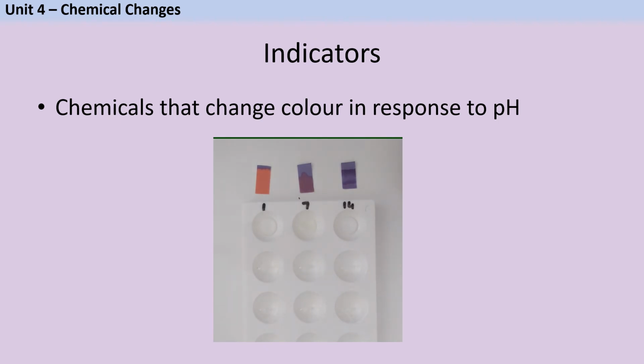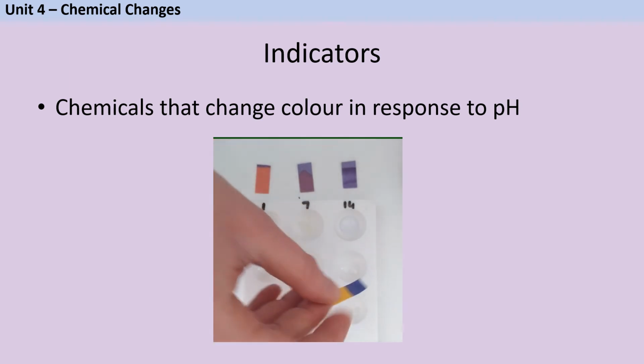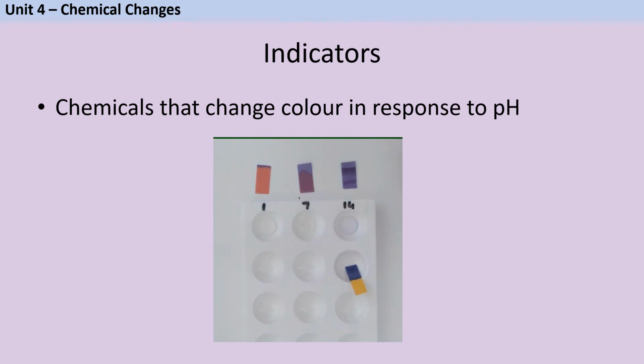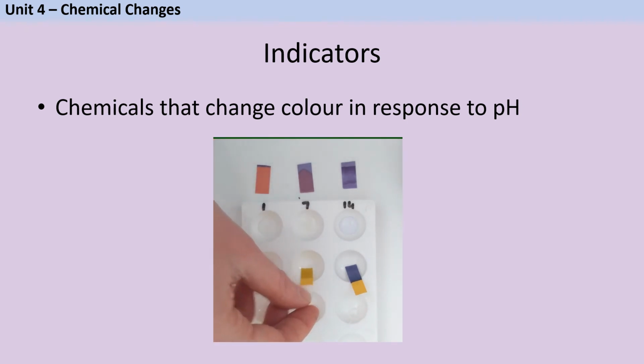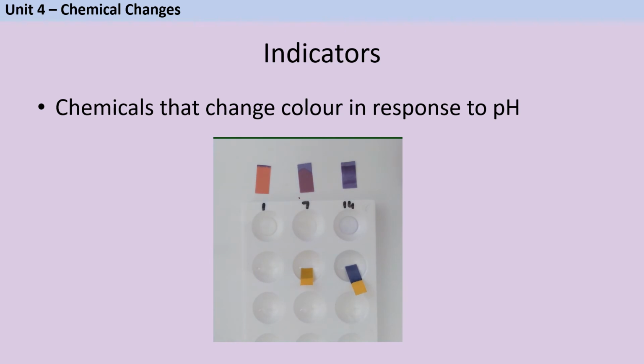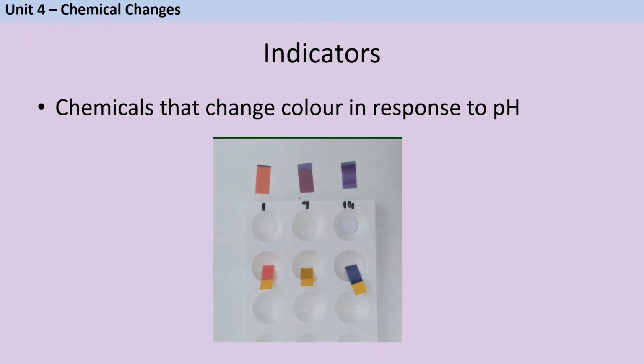If I try the same thing with some universal indicator paper, it turns blue in the alkali, a very pale yellowy green in the neutral solution, and red in the acid.